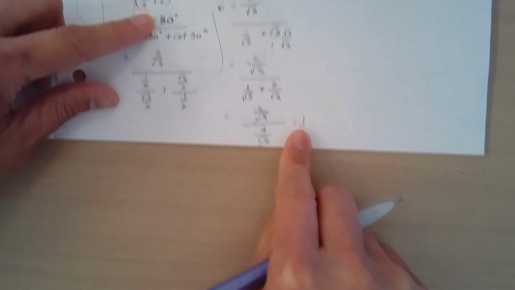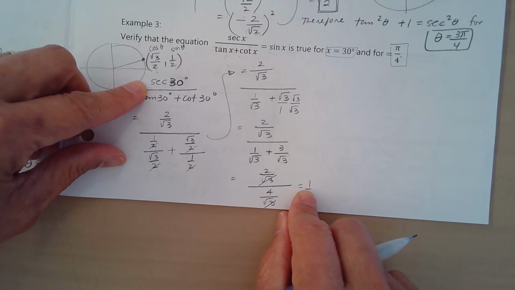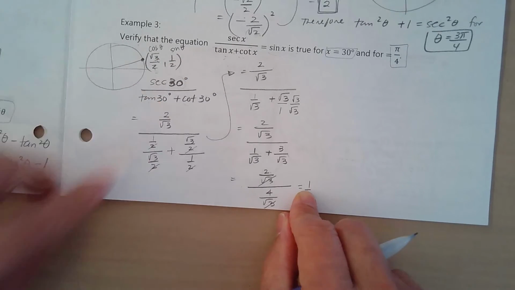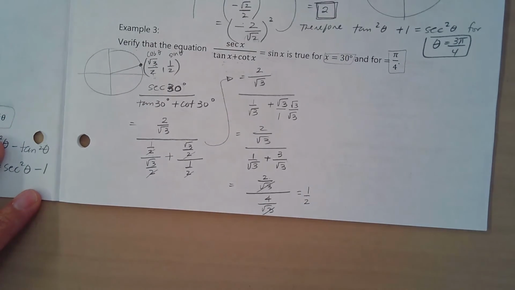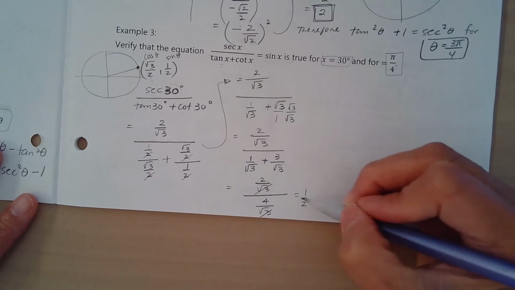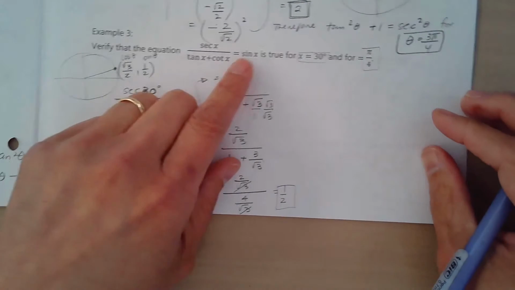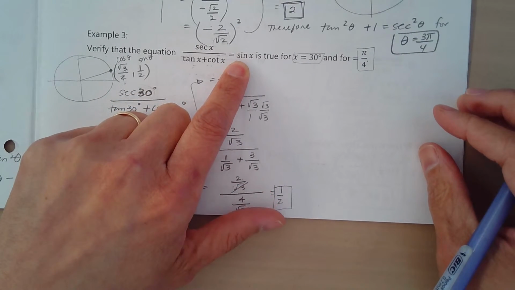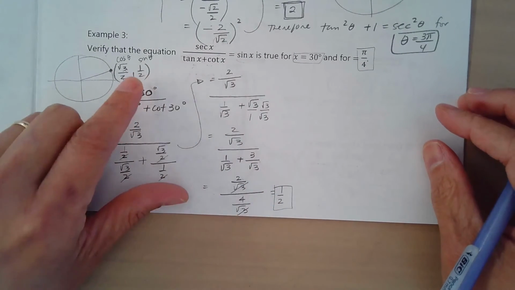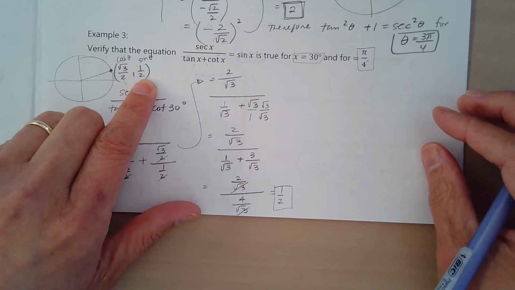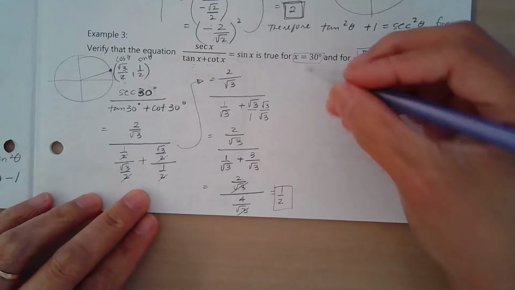So all of these, secant 30 divided by tan 30 plus cotangent of 30 degrees, has a value of 1/2. Now what about sine of 30? It's 1/2, right? So that one is true.